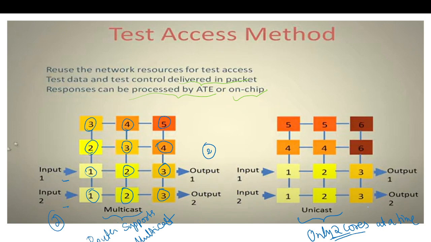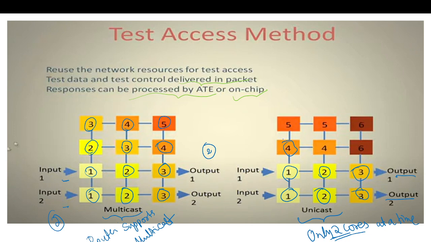because as we test these 2 cores, we can collect the response in these 2 cores. Next, it comes to these 2 and responses are collected. Now this is getting the patterns and responses.